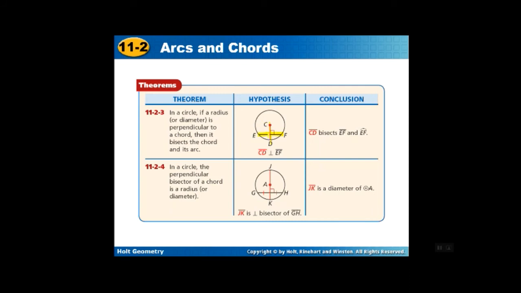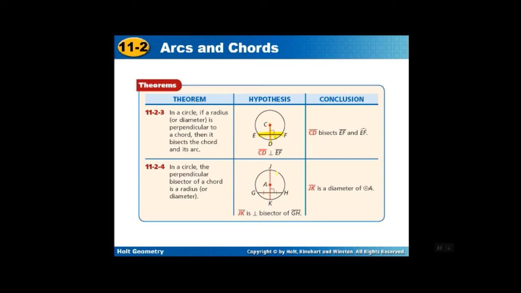If the radius is perpendicular to the chord, which is EF, then this radius definitely is bisecting the chord EF. And also the converse of the theorem, which is if the radius bisects the chord, then it is perpendicular to it.